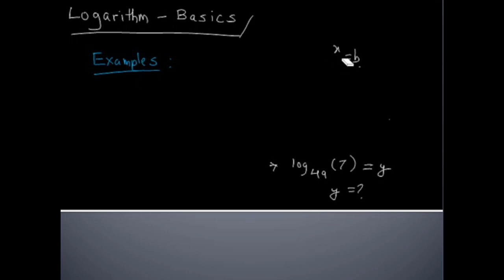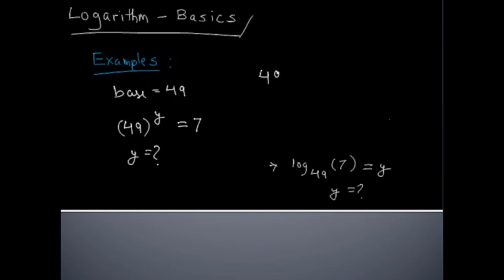I hope you're getting a hang of how to solve it. But for starters, as you can note here, the base is 49, right? Log base 49 of 7 equals y. So the question that we're actually being asked is 49 raised to the power y equals 7. So what is y? We can note 49 in terms of 7. Right? 49 equals 7 raised to the power of 2.